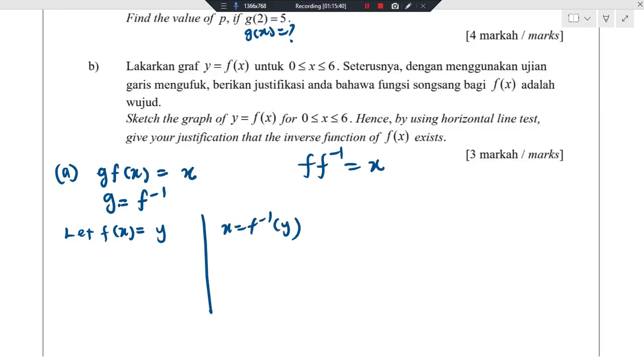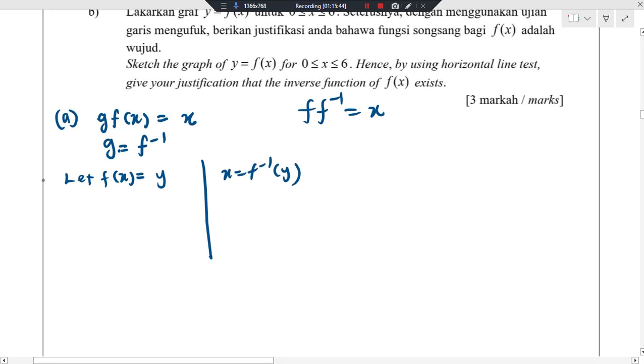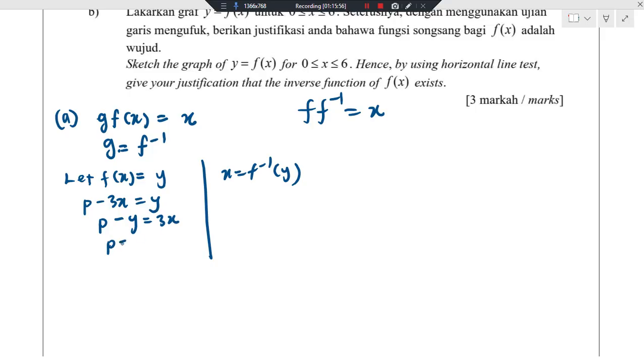Saya selalu akan jadikan x saya subjek. Okay, positif. So f inverse y is equal to p minus y over 3, and f inverse x adalah p minus x over 3. And remember, this is actually the gx, right?